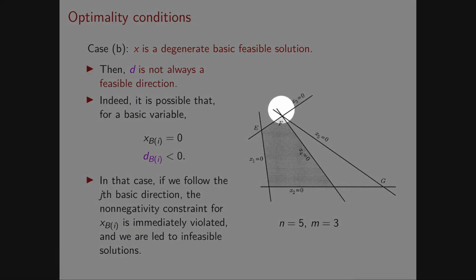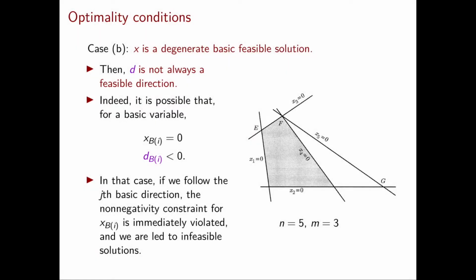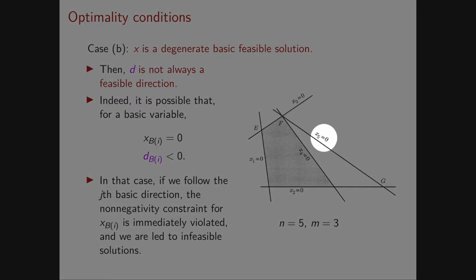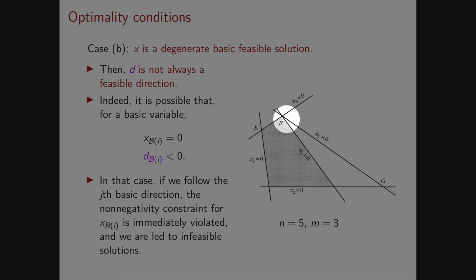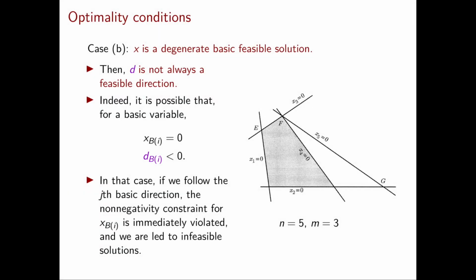Now let's look at the third basic direction. In the third basic direction, we want to keep x5 equal to 0 and increase x3. So from here, we're going along the line x5 equal to 0 in the direction right. So we're going in this direction. But you can see that as soon as we move away from f, we become immediately infeasible, so this is not a feasible direction.